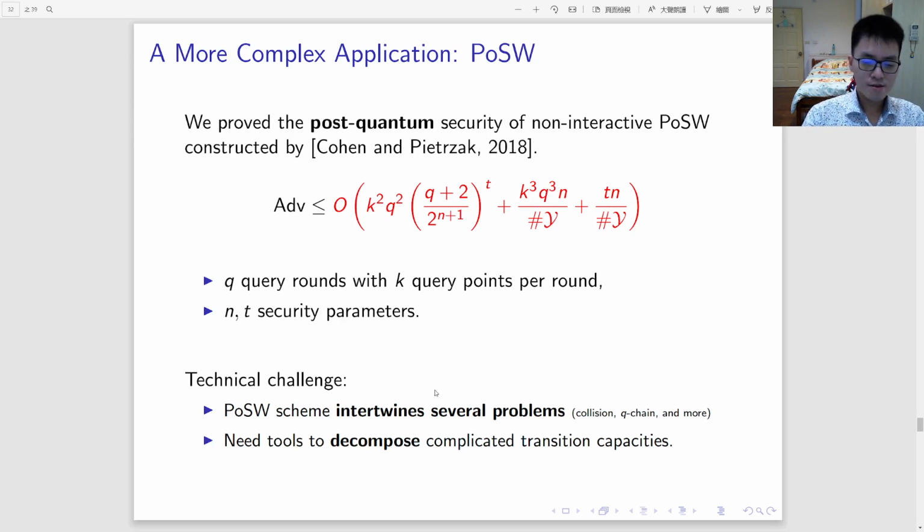Even in the classical analysis, the PoSW scheme will need to consider intertwined problems such as the collision finding problem, the Q-chain problem, etc. And therefore, we actually need a tool to decompose these intertwined problems and their corresponding transition capacities.